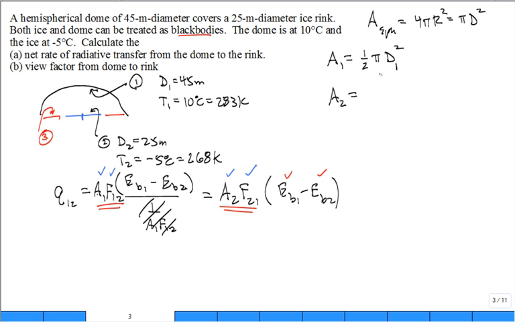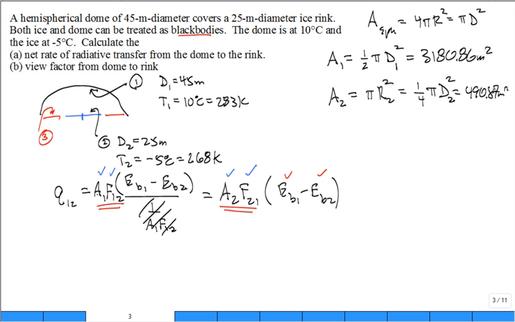How about the area of the rink? It's a circular rink, so it's pi r2 squared, or 1/4 pi d2 squared. True? All right, so we stick in our numbers, and sometimes it's good to take a look at the relative magnitudes. Area 1 is 3180.86 meters squared. Area 2 is 490.87 meters squared. There you go.